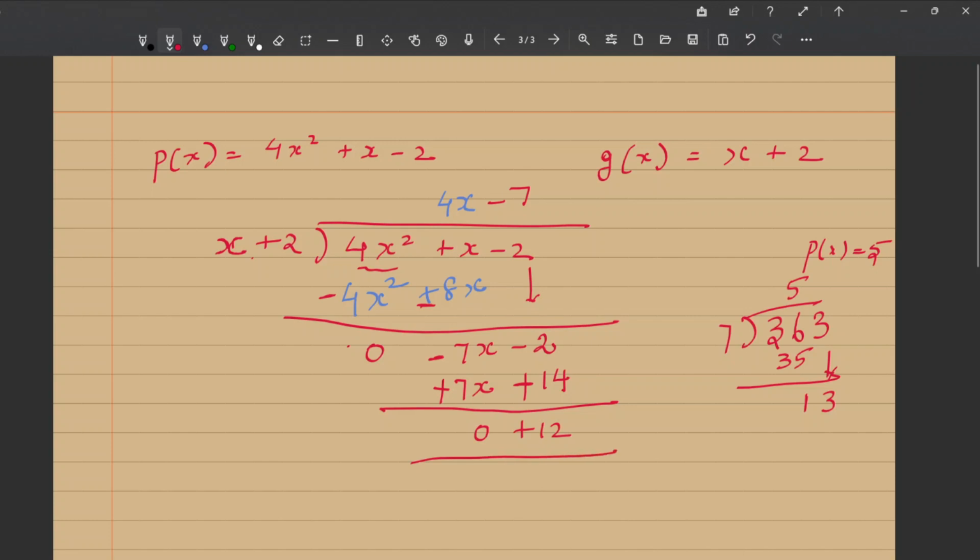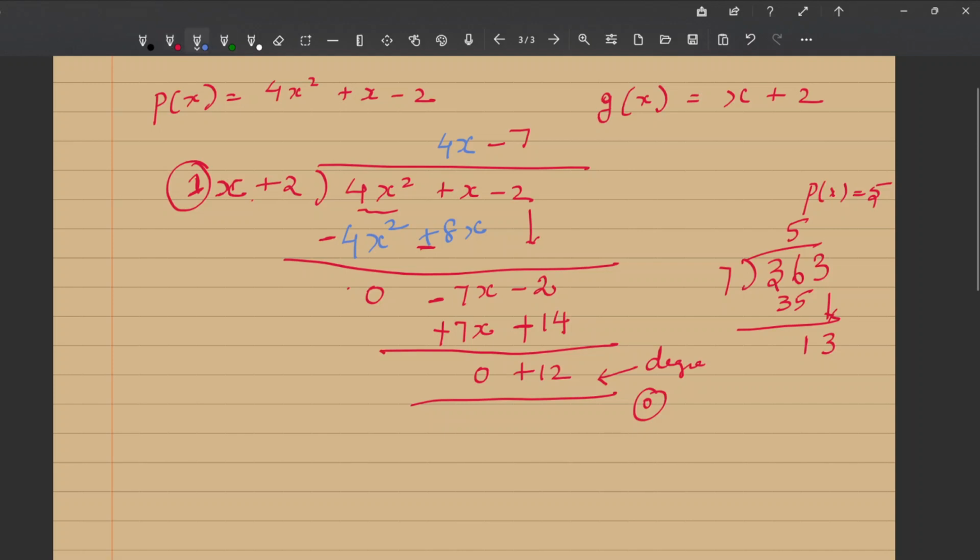Now I cannot divide further. You notice that this is a zero-degree polynomial. The degree of this polynomial is 0, which is lesser than the degree of the divisor. What is the degree of the divisor? It is 1, isn't it? Degree of the divisor is 1, the degree of this is 0. Now this cannot be further divided. Now, shall I write the same division statement?